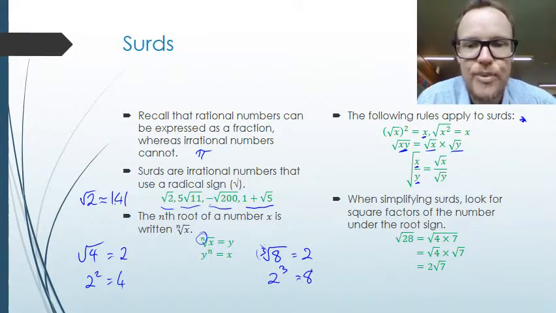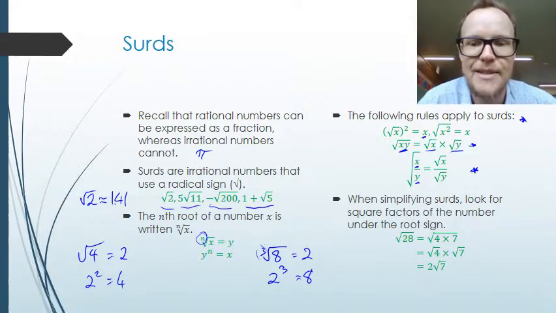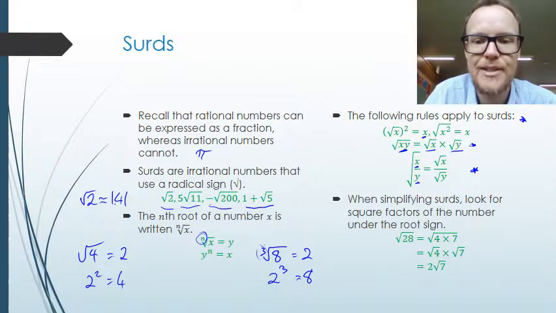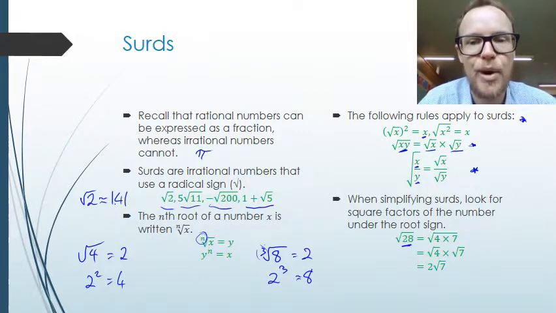When we're looking at simplifying surds, what we need to do is try and get them into this form here, separating them out into square factors. So we're looking at creating a product as the value underneath the root sign that includes some perfect squares.